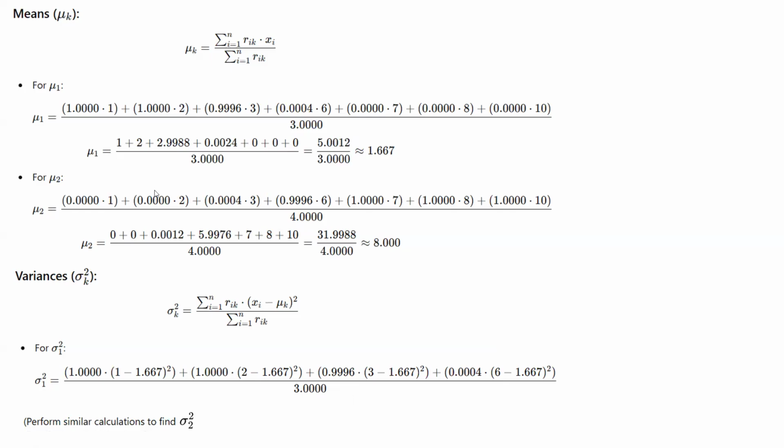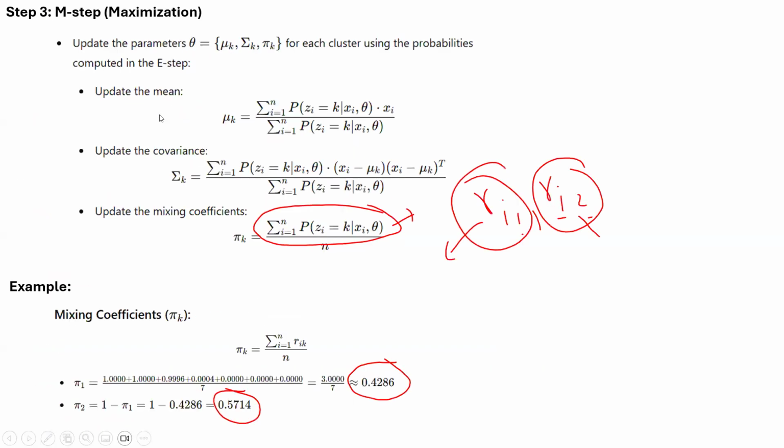So what have we done to calculate the updated values in the maximization step? For calculating the updated mean, you multiply every point with the posterior probability, that is the probability of a point belonging to a cluster, and divide by the sum of all the responsibilities, which is nothing but the expectation mean.